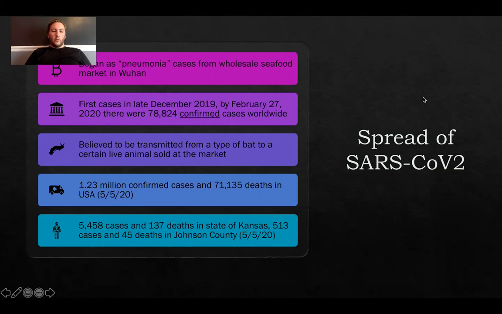There are 1.23 million confirmed cases and 71,135 deaths in the USA as of May 5th, 2020. And there are 5,458 cases and 137 deaths in the state of Kansas, and 513 cases and 45 deaths in Johnson County as of May 5th.